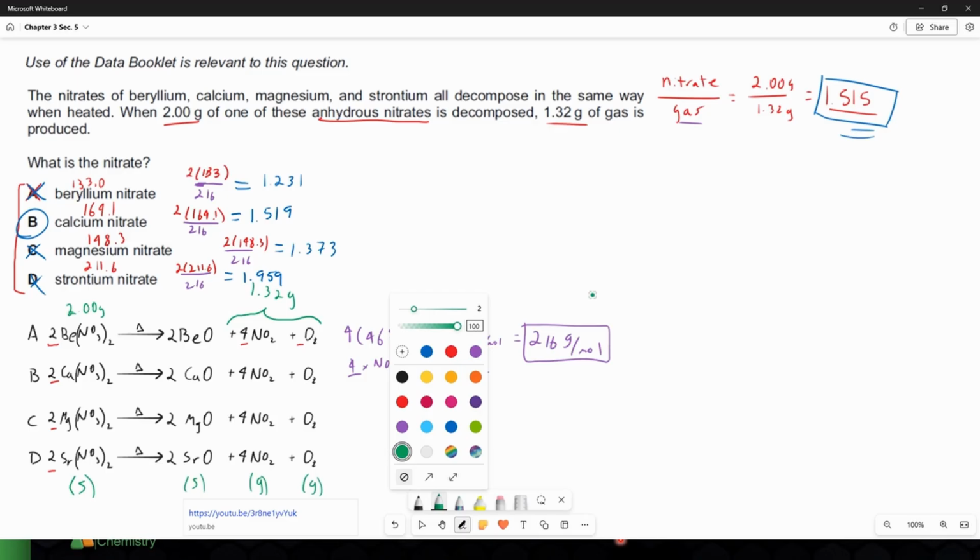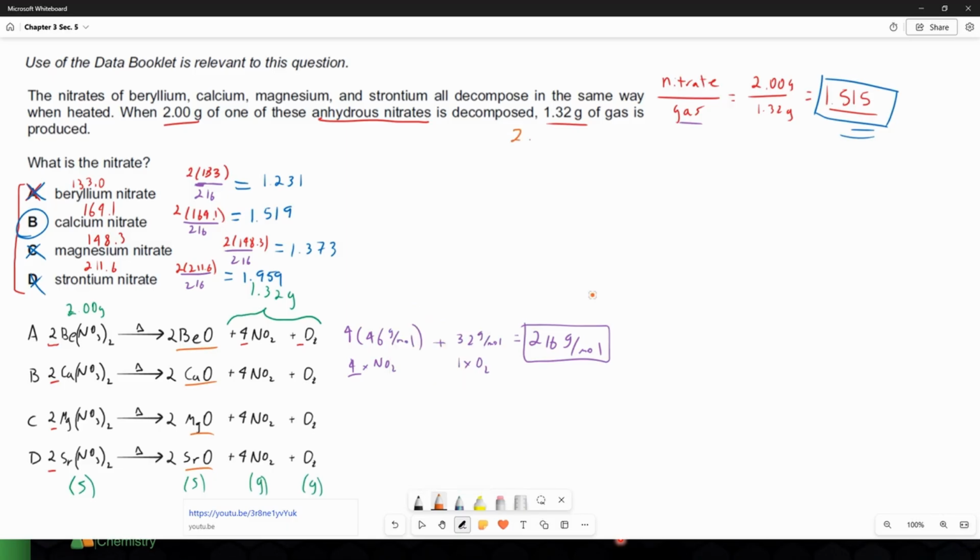If 1.32 is the mass of the gases, the only things that are not gases and are left are beryllium oxide, calcium oxide, magnesium oxide, and strontium oxide. We can actually get a ratio between the nitrate and the oxide, because if we have 1.32 grams of gas, then 2 minus 1.32, because we originally had 2 of the reactant, is 0.68.